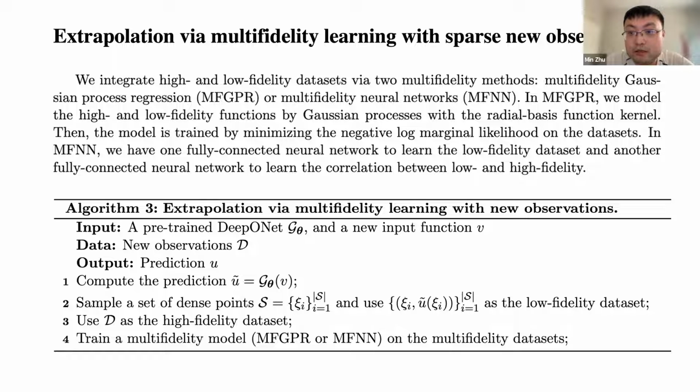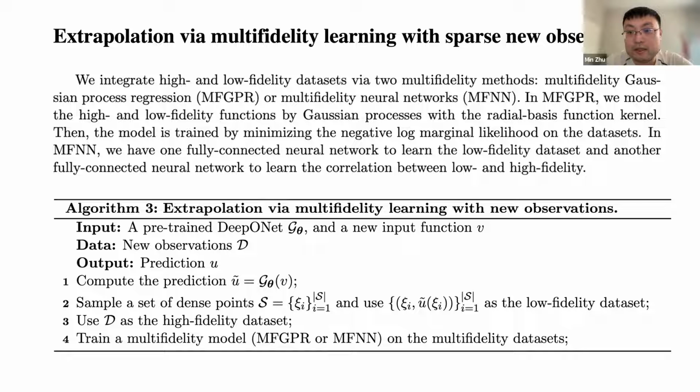In all the previous methods, we use the idea of fine-tuning. Here, we propose different approaches based on multi-fidelity learning. The idea of multi-fidelity learning is that instead of learning from a large dataset of high accuracy, that is high fidelity, we only use a small high-fidelity dataset and combine it with another dataset of low accuracy, that is low fidelity.